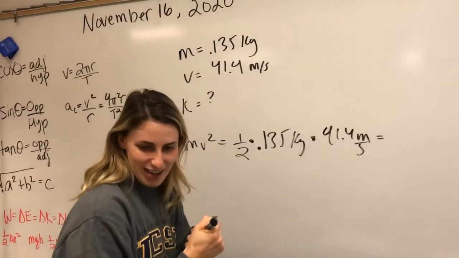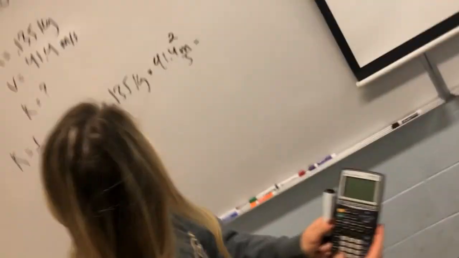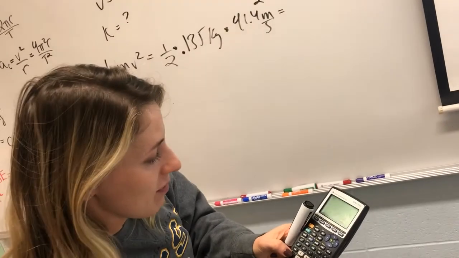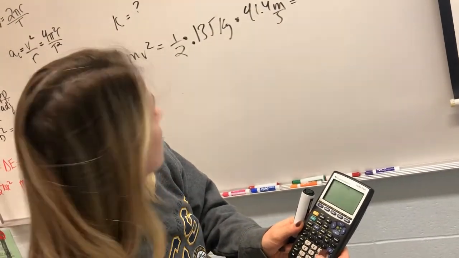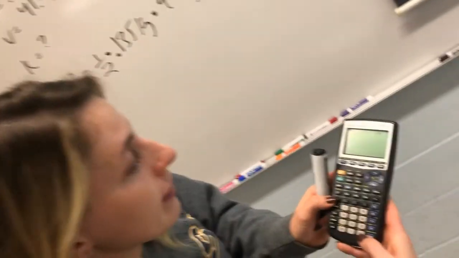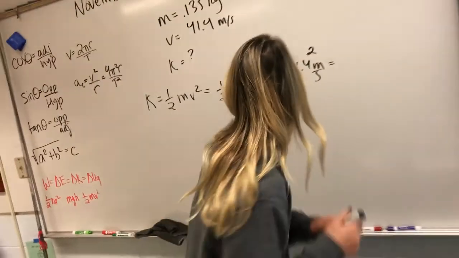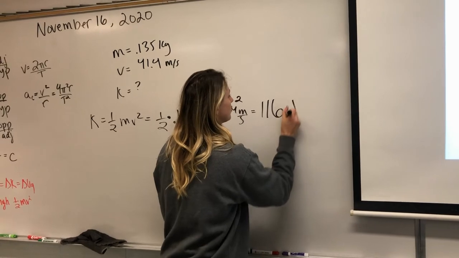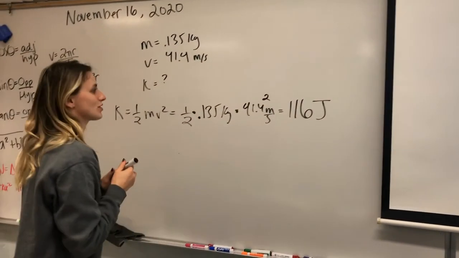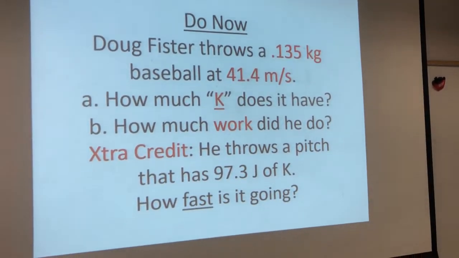Don't forget your squared. So 0.5 times 0.135 times 41.4 squared, and I get 116 joules.